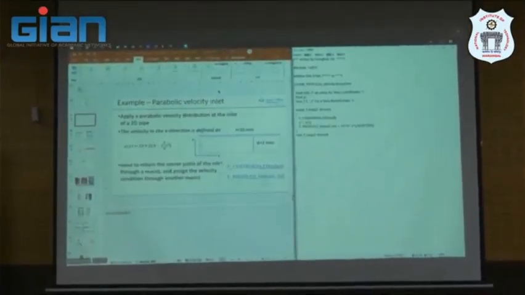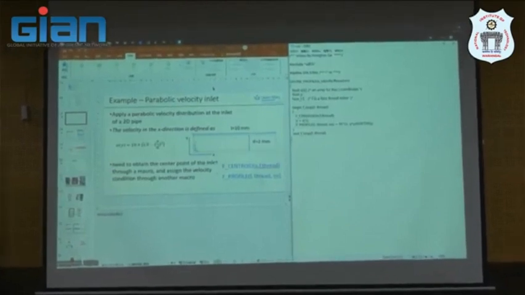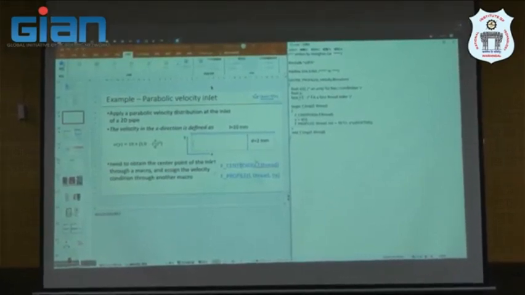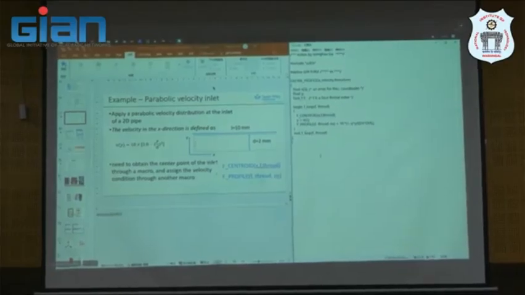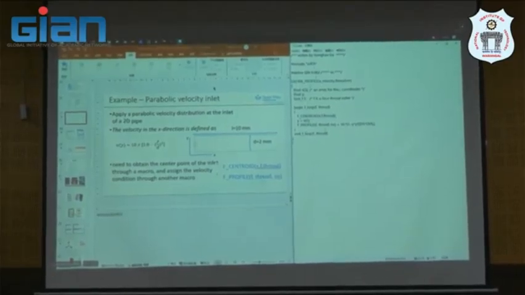In this case, we want to change the inlet velocity, so we should write code. We define the diameter as 2 millimeter, and define a float value. This array will be used to store the coordinate along the y direction.